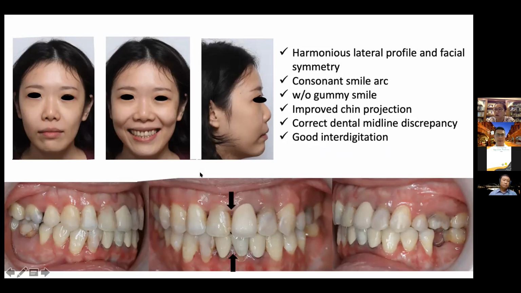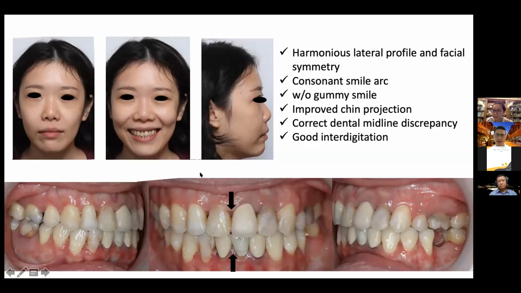In most severe class 2 cases, if we do camouflage treatment and follow the patient for around 5 to 10 years, sometimes we see anterior open contact afterwards. It means that the camouflage treatment is not that stable. So I think combining with orthognathic surgery is more stable.